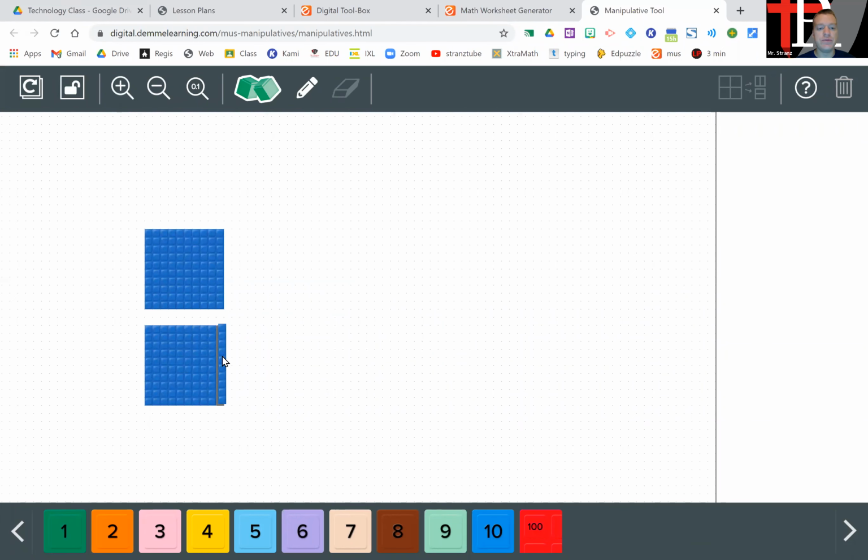Now, I also could have done it a lot simpler way and just done this, because this also represents 1, but I'm going to have to take apart this. That's why I did them individually, okay? But this also means 1. Okay, I'm going to move that trash.